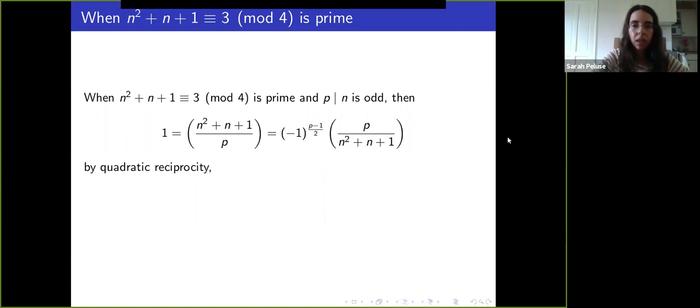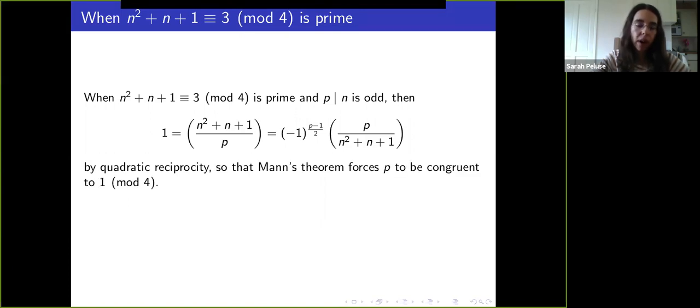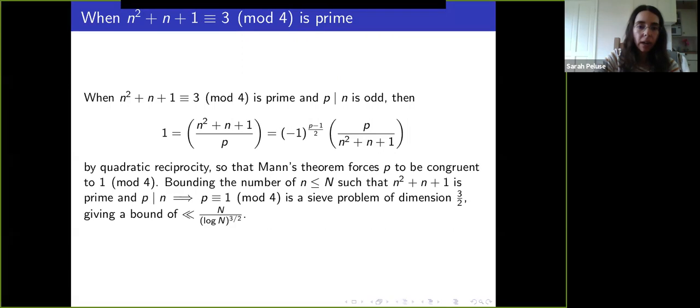So then Mann's theorem says that in this case, any prime p dividing n has to be 1 mod 4 for the consequence of the theorem to hold. So bounding the number of n such that n is the order of a perfect difference set and n squared plus n plus 1 is a prime that's 3 mod 4 is basically like bounding the number of n such that n squared plus n plus 1 is a prime, and n is only divisible by primes that are 1 mod 4.